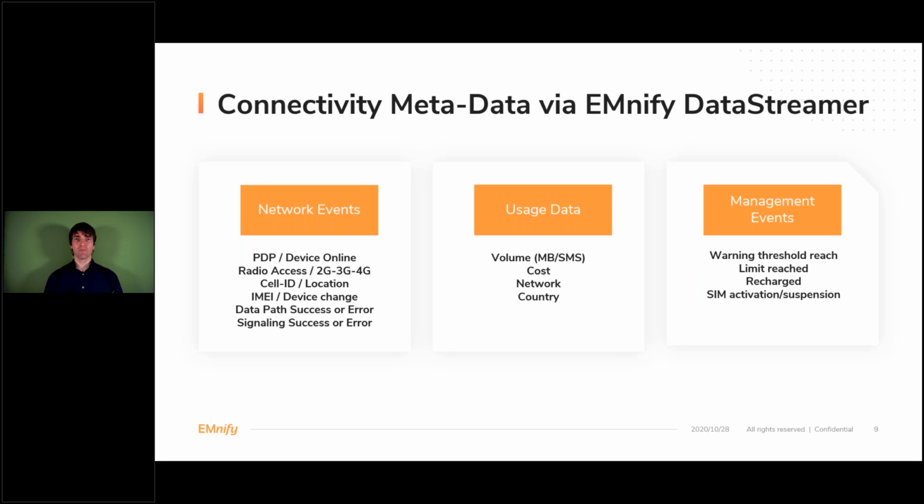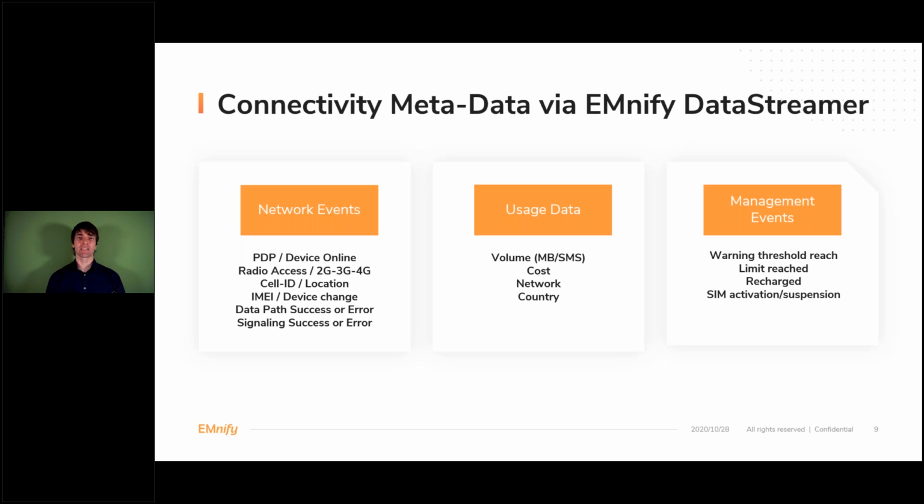One is network events, like PDP context. That's the technical term, but what it actually means is whether the device is now online or went offline, and you get information about which radio access type the device is using. Especially considering the ongoing sunset of 2G, you want clear visibility on which radio access type your devices are connecting.